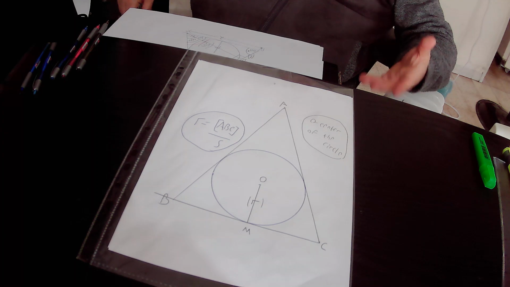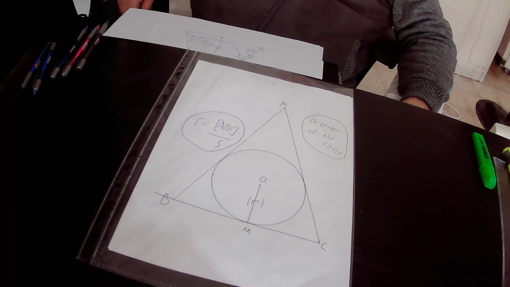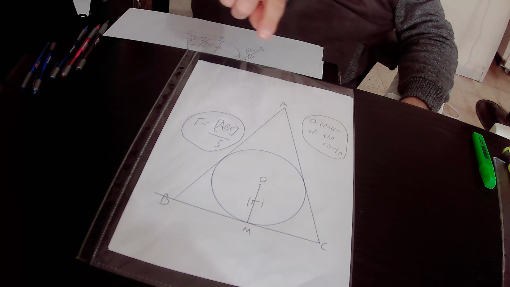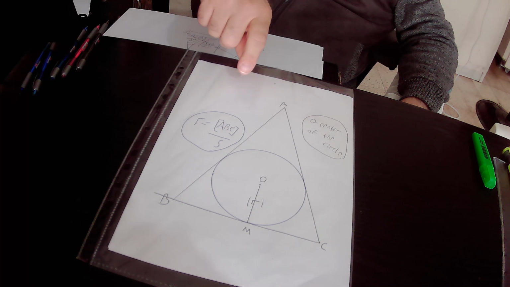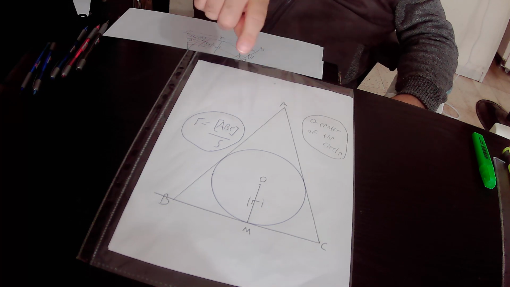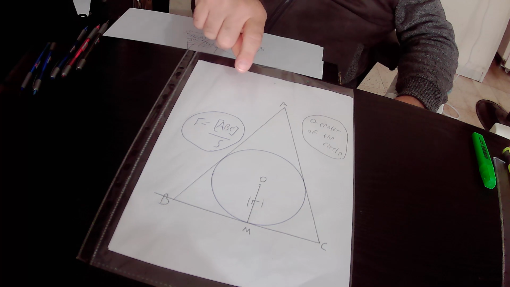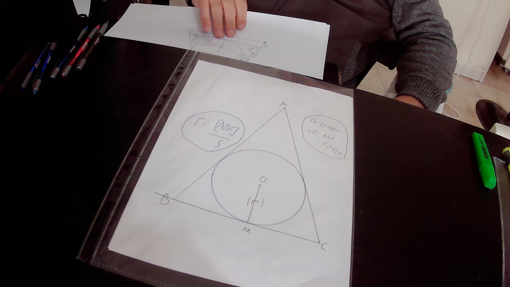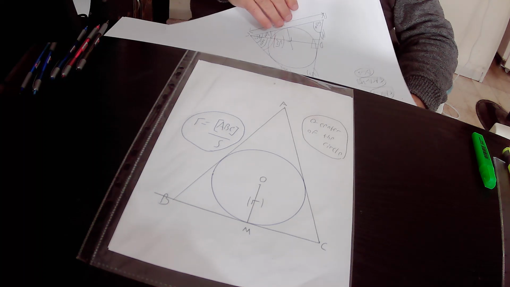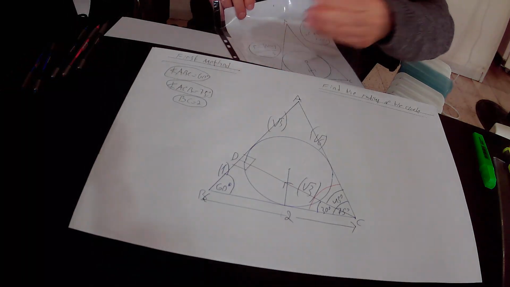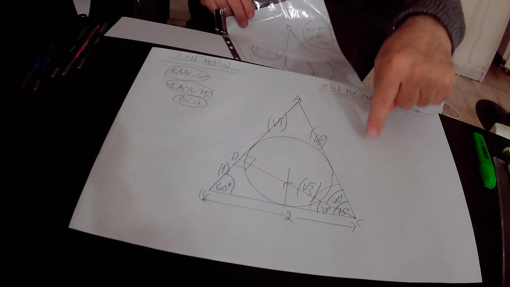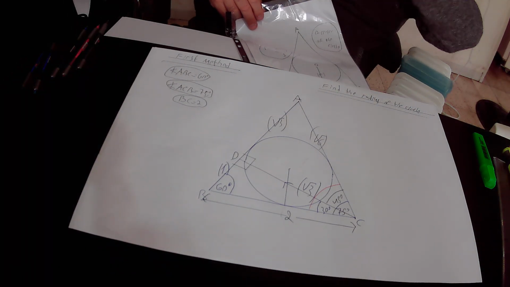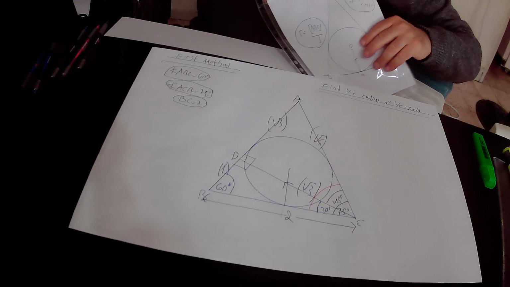And according to this rule number 15, the radius R of this circle inscribed in triangle ABC will be equal to the area of triangle ABC over the semi-perimeter of the same triangle, triangle ABC. So we can actually implement rule number 15 in our drawing. Why? Because whenever we have a circle that is inscribed in a triangle, we can implement rule number 15.